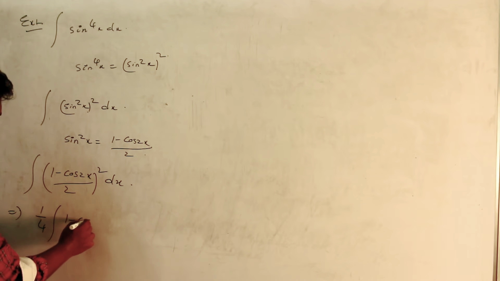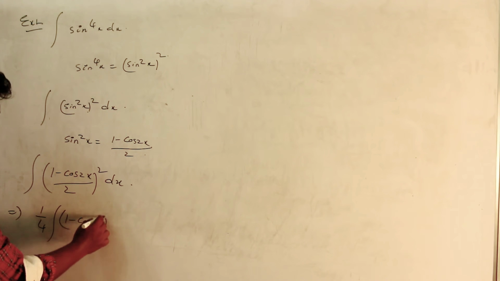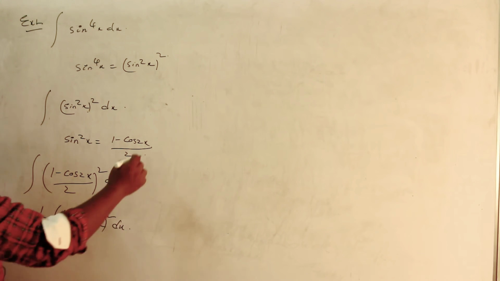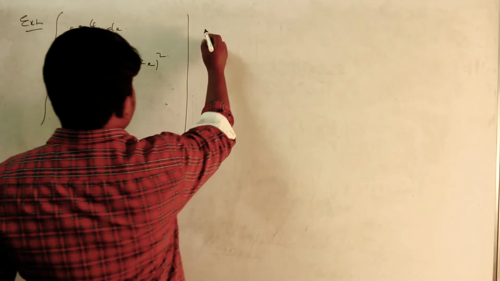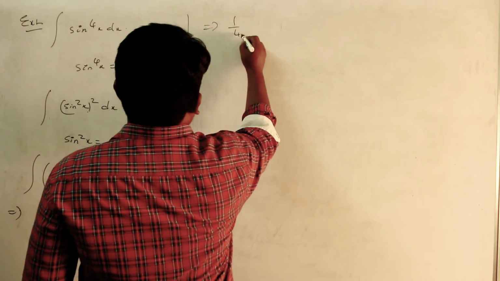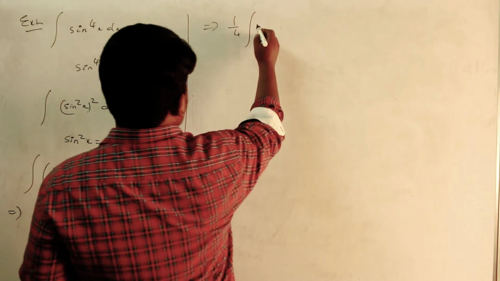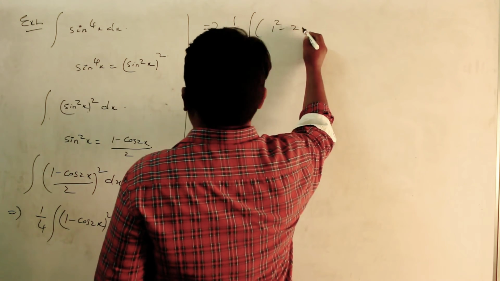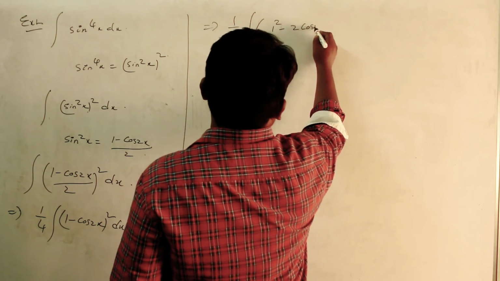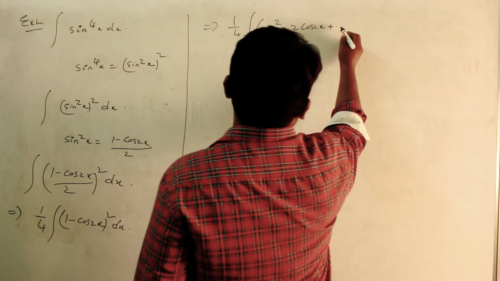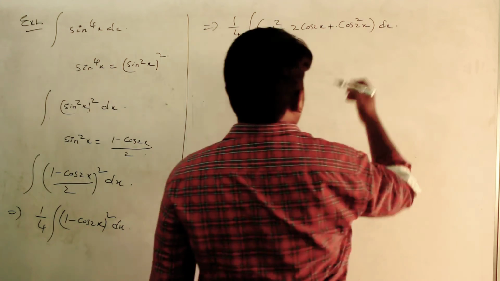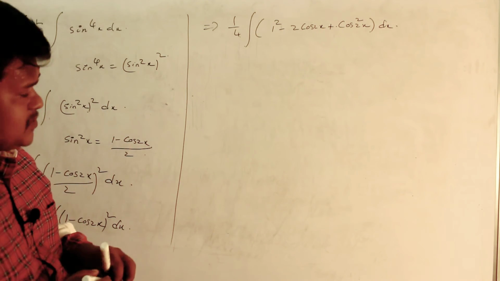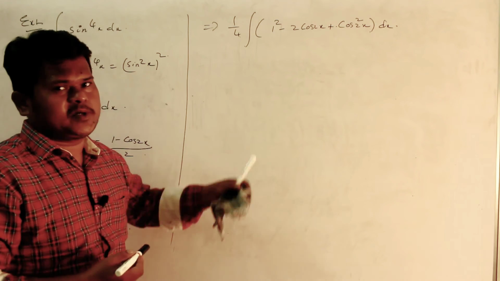Integration of (1 minus cos 2x) whole square into dx. Now this is in the form of (a minus b) whole square. Therefore if we expand, 1 by 4 into integration of a square minus 2ab plus b square, cos square 2x into dx. So we have expanded this relation according to (a minus b) whole square here.